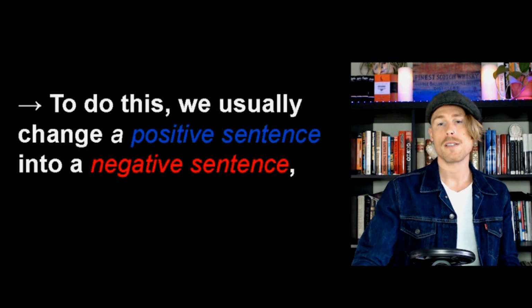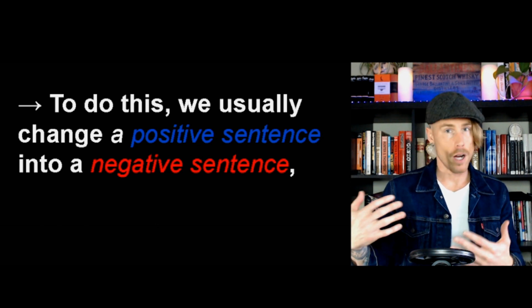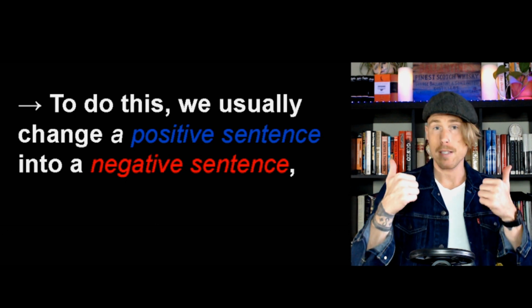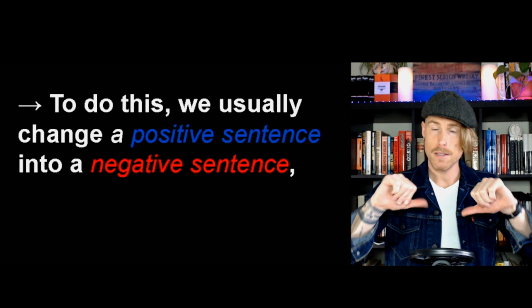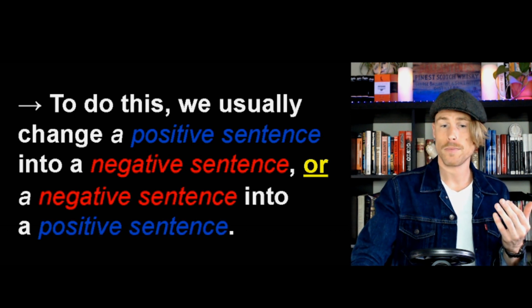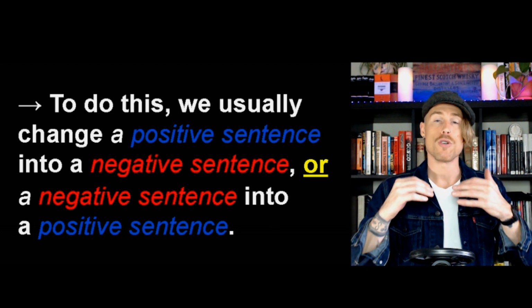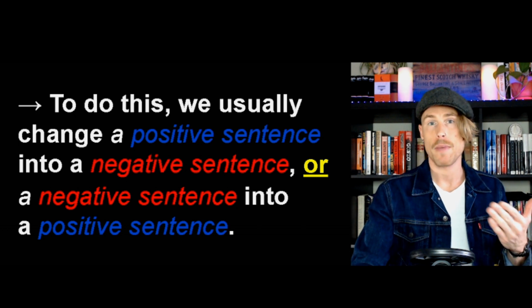To do this, we usually, but not always, change a positive sentence into a negative sentence, or we change a negative sentence into a positive sentence. Let's look at some examples.